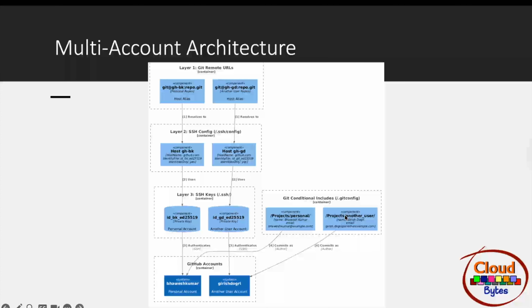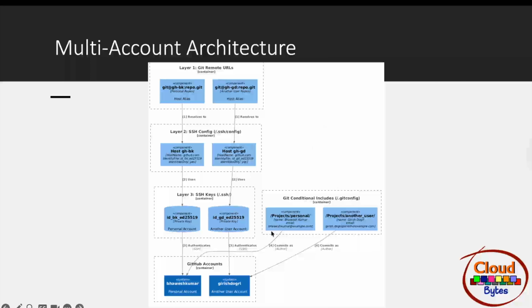You can have it in the same folder, but if you are cloning using an alias from a second user, that will still be tied to an alias in a different account altogether. So suppose I'm using gh and gd as an alias and doing a clone in the same folder, that will still be connected to this Girish Dogri account. If I'm using the ghbk alias, it is going to be connected to my personal account.